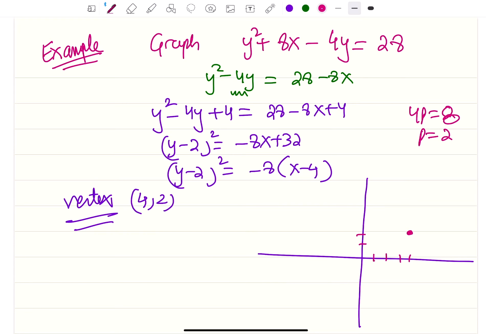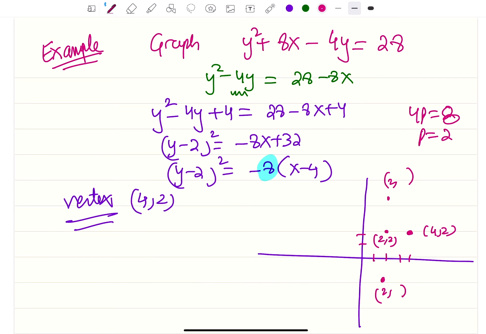So we can see the focus will be 2 units in the parabola, and that would be 2 and 2 for the focus, and the vertex is 4 and 2. At the level of focus, the graph is going to be 8 units wide. So from here we can go 4 left, 4 right. If I go up and down, my x coordinate does not change, but the y coordinate changes.